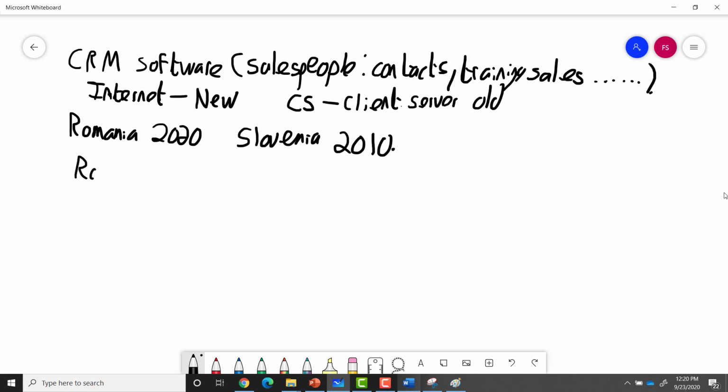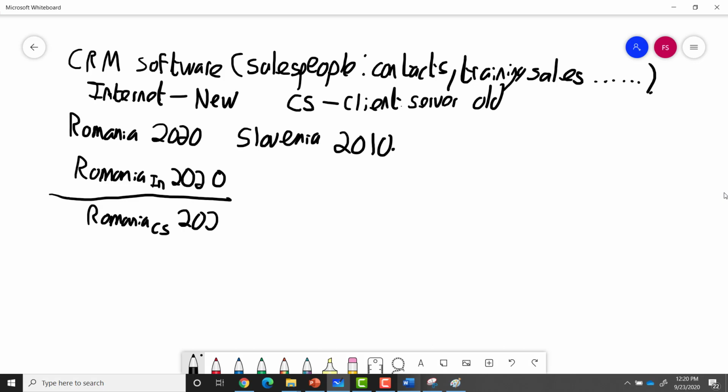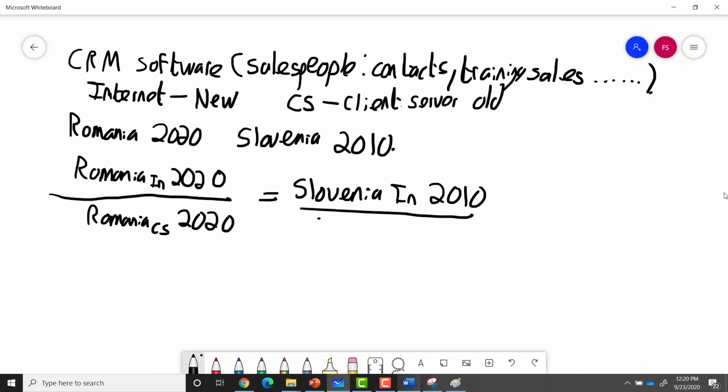So we're going to say Romania internet in 2020 over Romania client server in 2020 is going to be equal to Slovenia internet in 2010 over Slovenia client server in 2010.